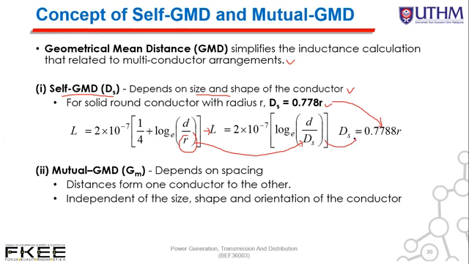The ds value is 0.7788 times r. Second is the mutual GMD, mutual geometrical mean distance, that depends on the spacing. Spacing is nothing but the distance from one conductor to the other, and it is independent of the size, shape, and rotation of the conductor.